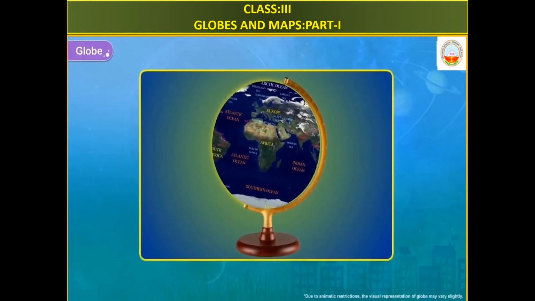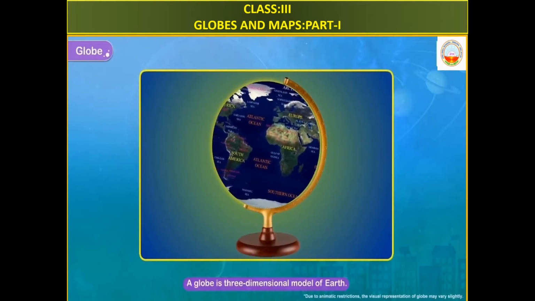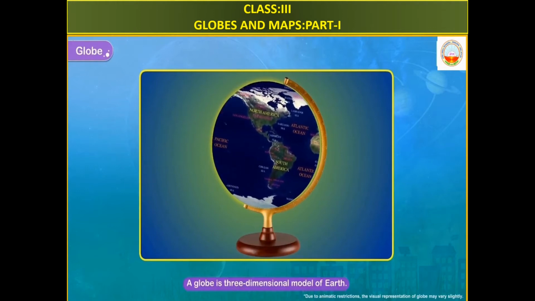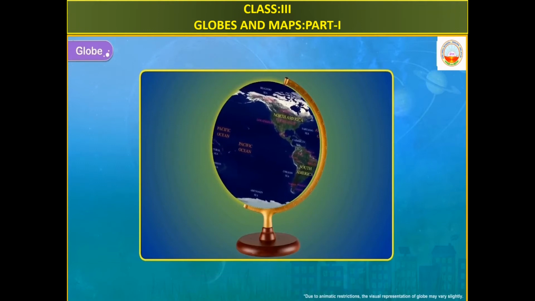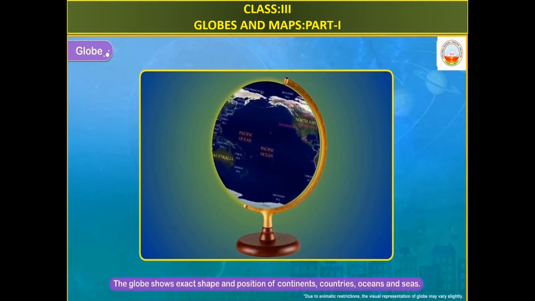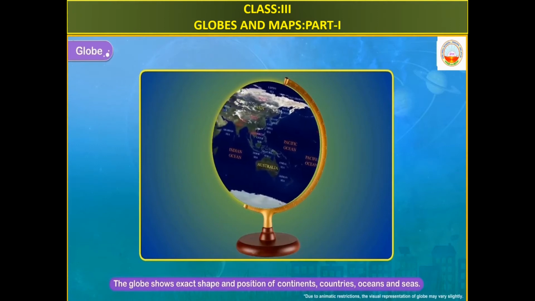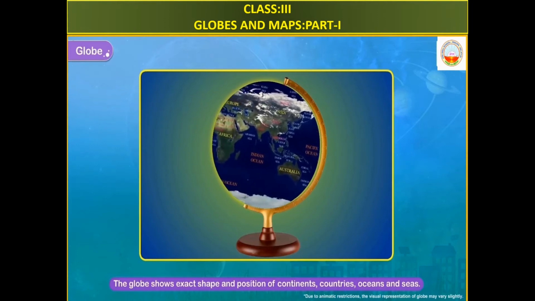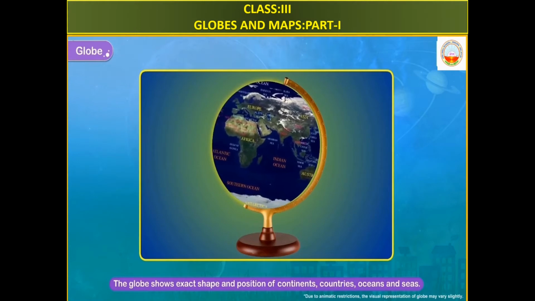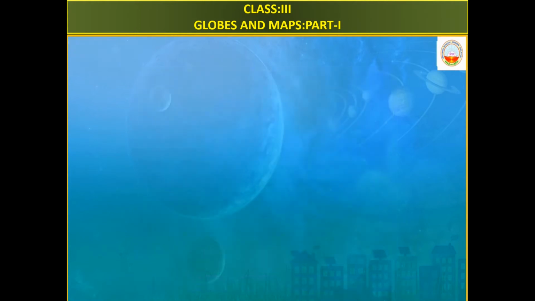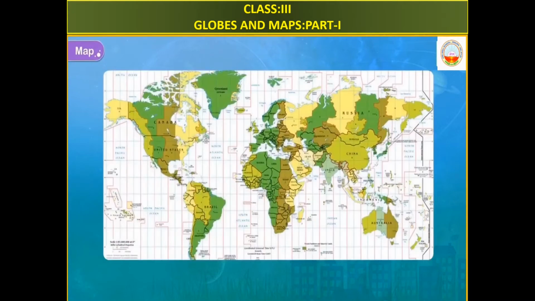The globe is a man-made three-dimensional spherical model of our planet Earth. The globe shows the exact shape and position of continents, countries, oceans, and seas. Now let us see a map.